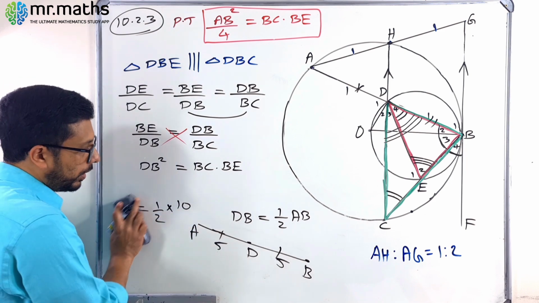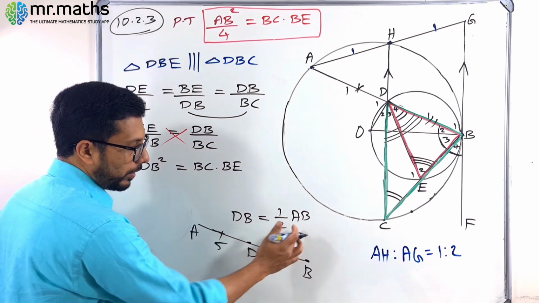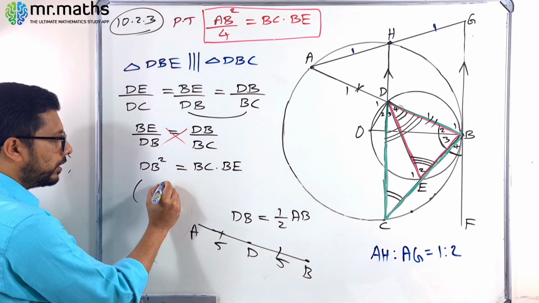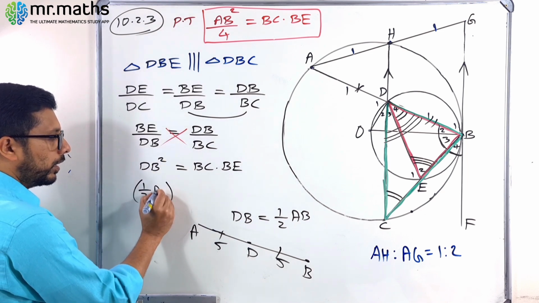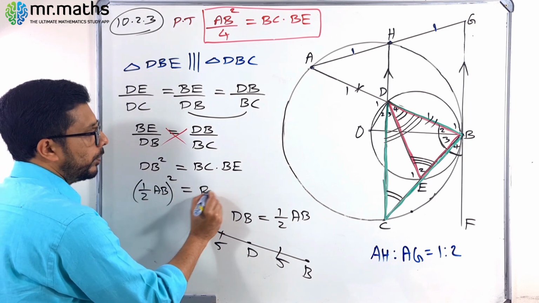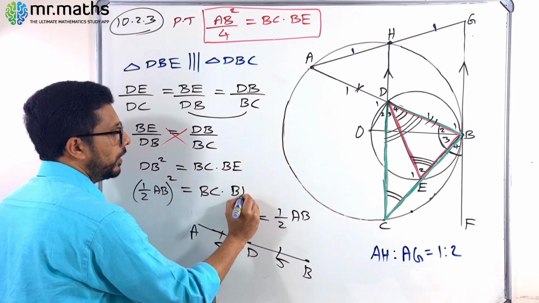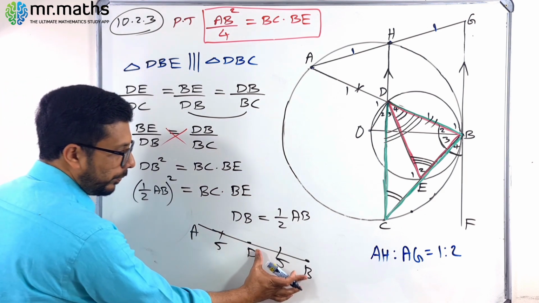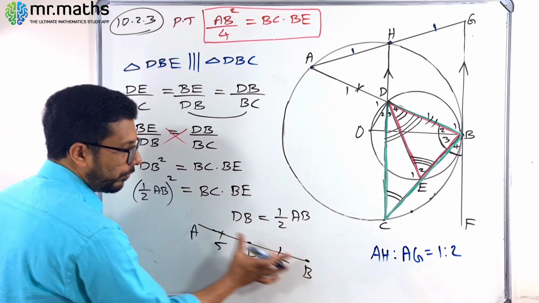So instead of DB what can I write? Half AB. So here DB square, what is DB? Half AB, then squared, is equal to BC times BE. You understand, guys, that one? So DB is equal to half of AB.